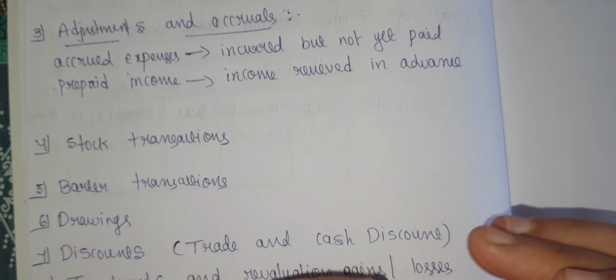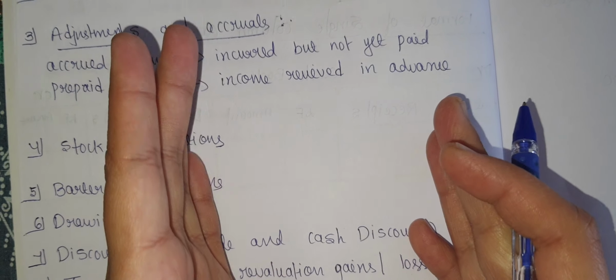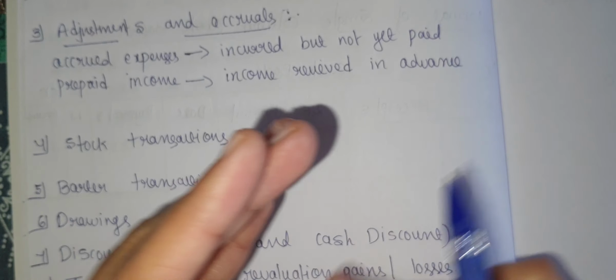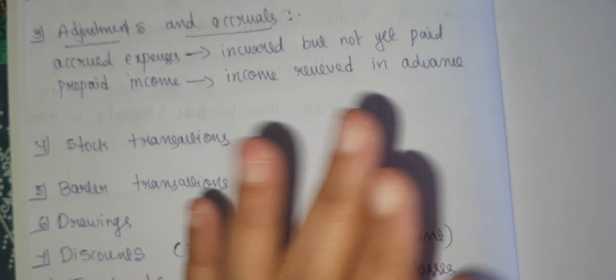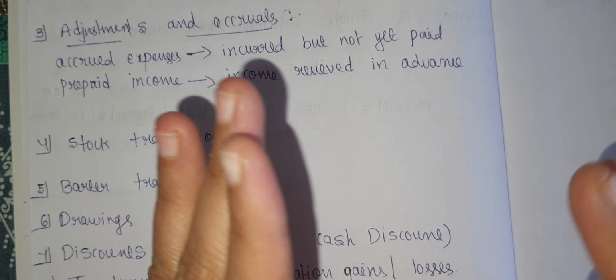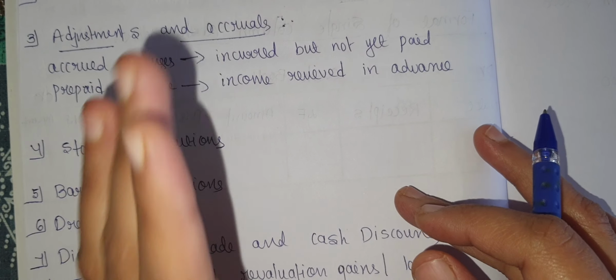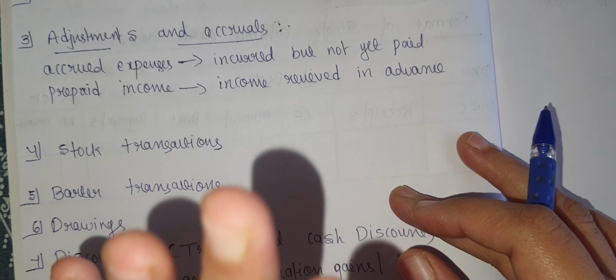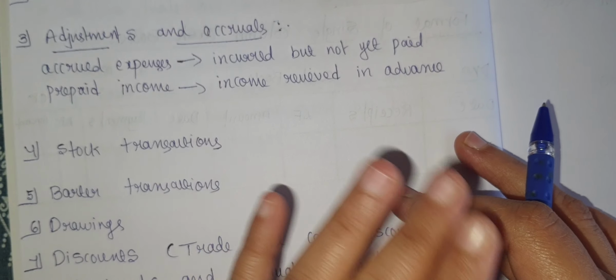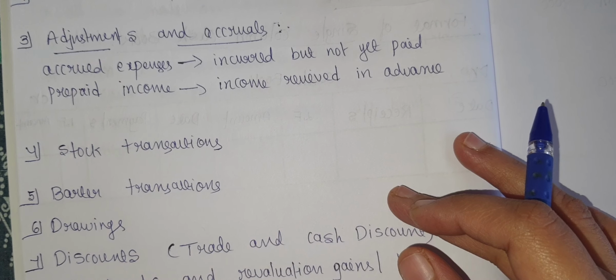For example, a landlord receives rupees 1 lakh as rent for the next 6 months before the period begins. This is the meaning of prepaid income.